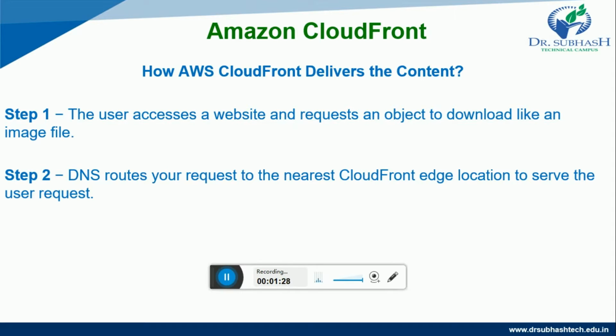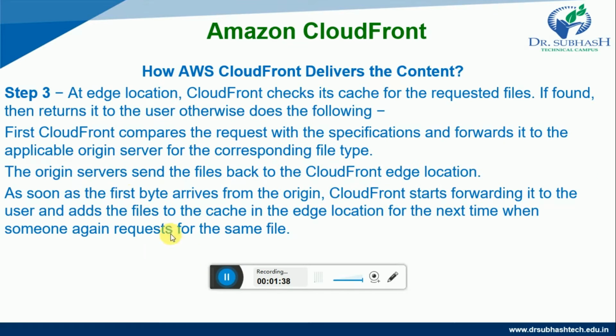The step 2, the DNS routes your request to the nearest CloudFront edge location to serve the user request. Let us look at step 3. At edge location, the CloudFront checks its cache for the requested files. If it's found, then returns it to the users, otherwise it will do the following.